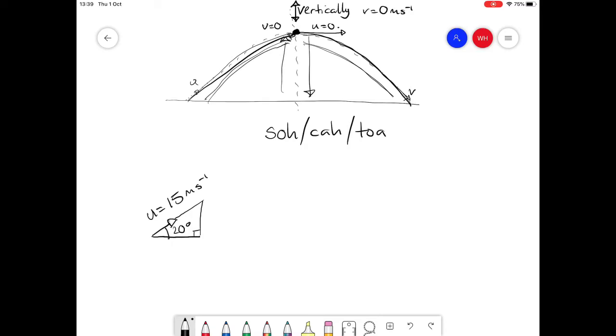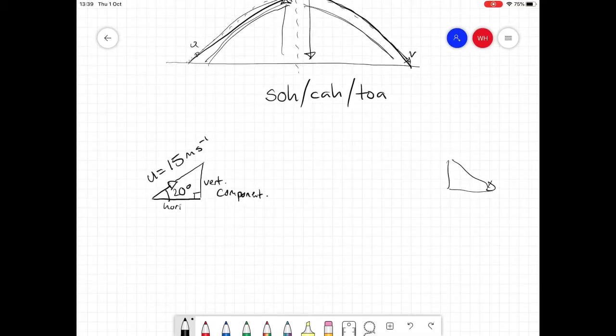Here we have a right-angled triangle because this is horizontal, this is vertical. So we can break down the initial motion of the object into horizontal and vertical components. And then at the very end, we'll have the object coming down, and we will put it back into horizontal and vertical components.